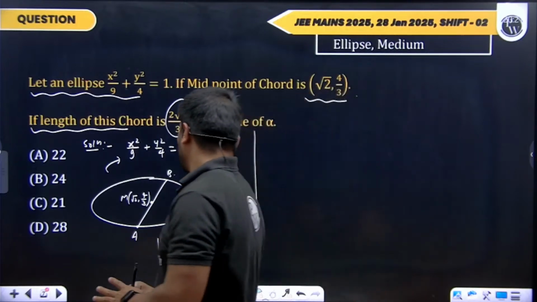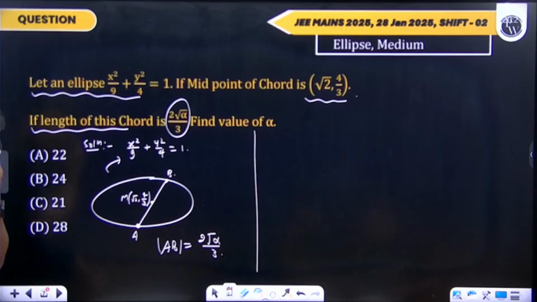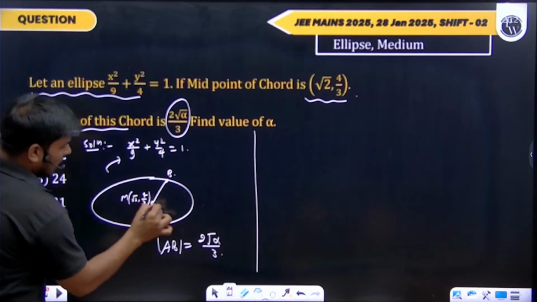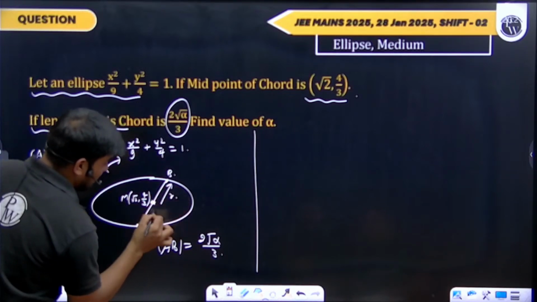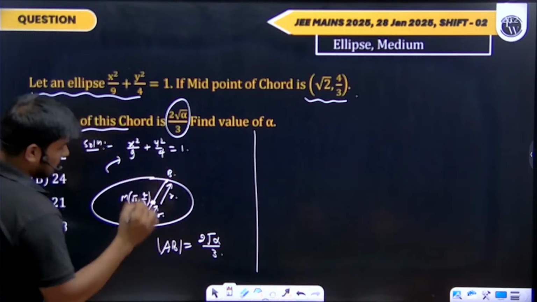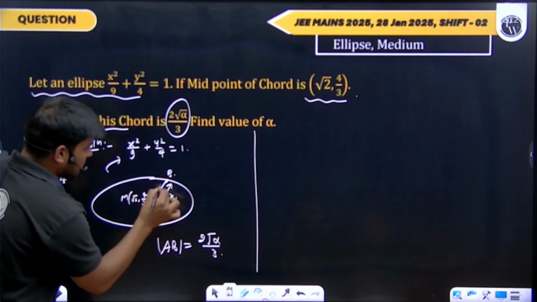And from there we can apply the distance formula and get the length of this chord AB. But we can do one more thing. If we recall the parametric form of a line, because this distance is r and this distance is r, I take these distances as r because this is the midpoint of AB.